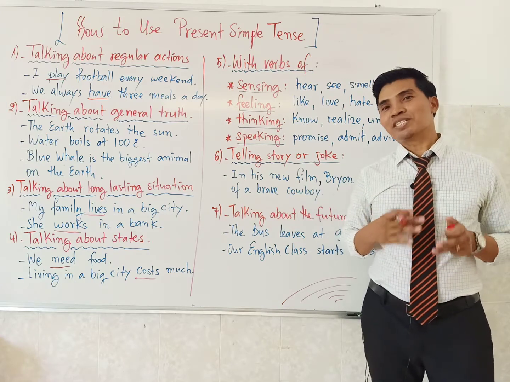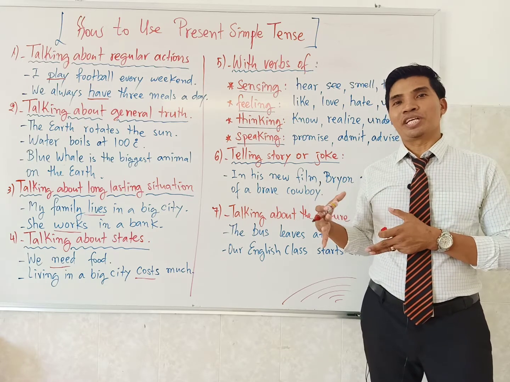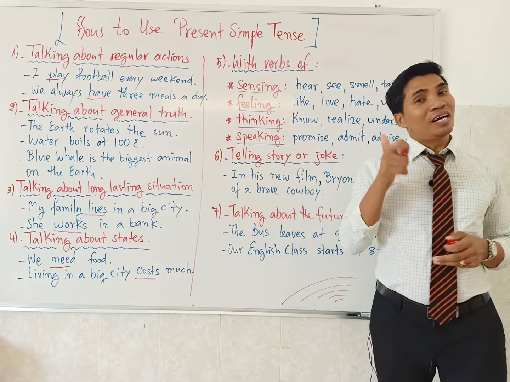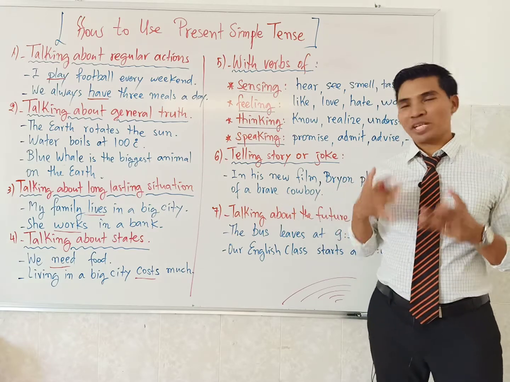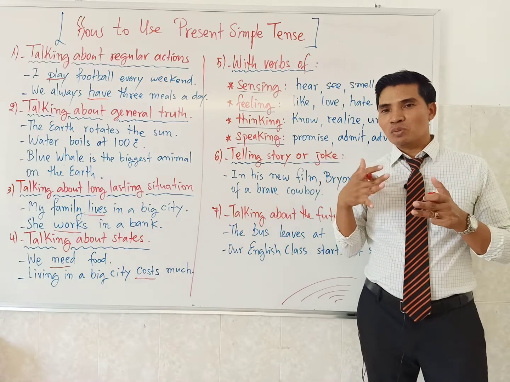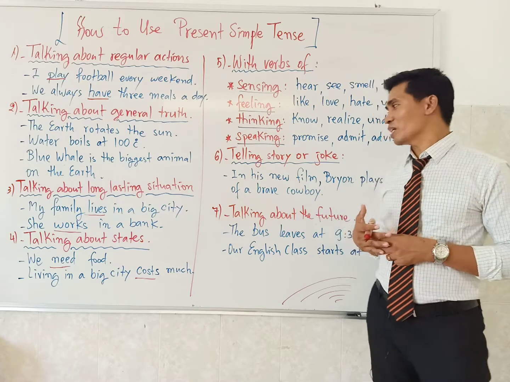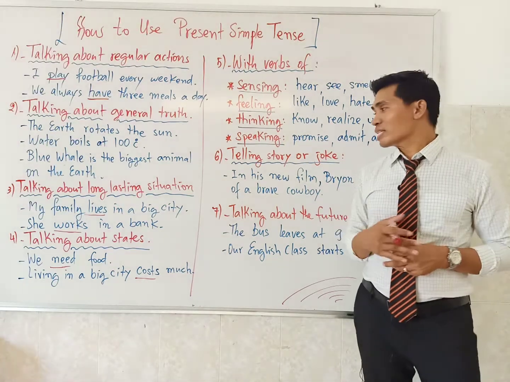Why do we use the present simple for a story in the past? Because we want to make it sound more direct, and it is more interesting. Okay, so I have one example here.